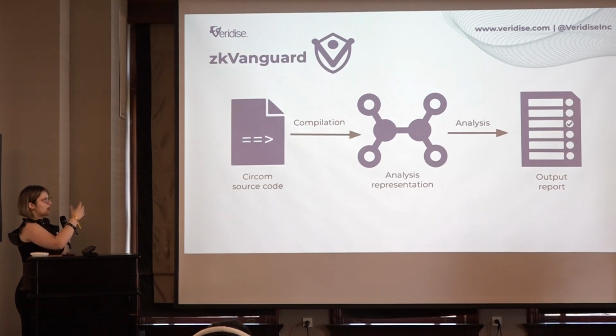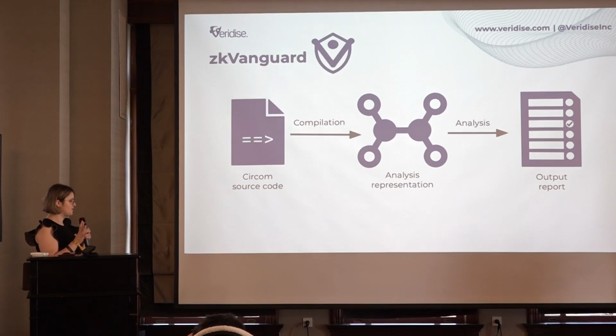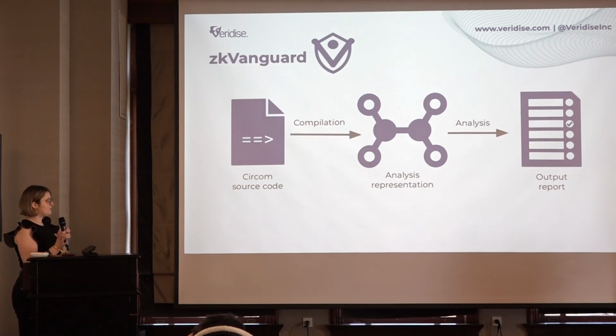And the static analyzers actually use some detectors as input. So for instance, we can say that I want to see if there is a divide by zero vulnerability in my code, and then if something is going on in there, it will output a report with all the vulnerabilities found.